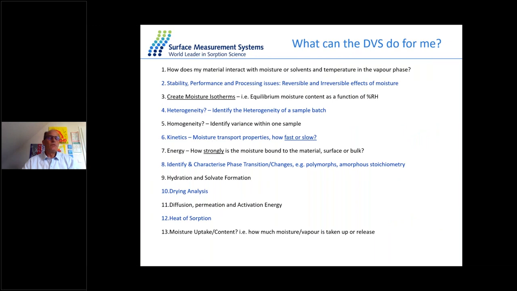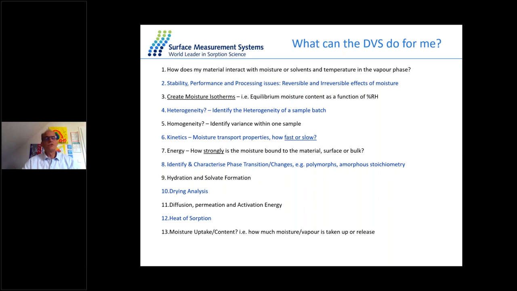So in a few words, what does DVS do for me? That's just to put some ideas. It allows you to show how the material interacts with moisture or different solvents. It allows you to know more about the stability of the product, for example, if an absorption is reversible or irreversible.